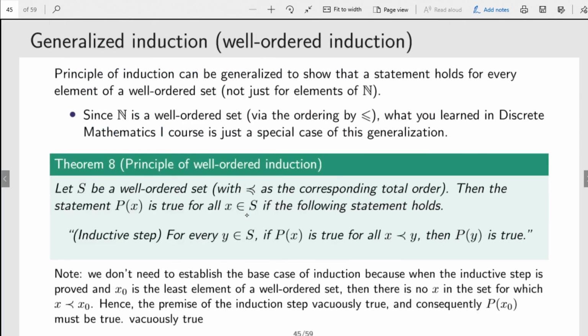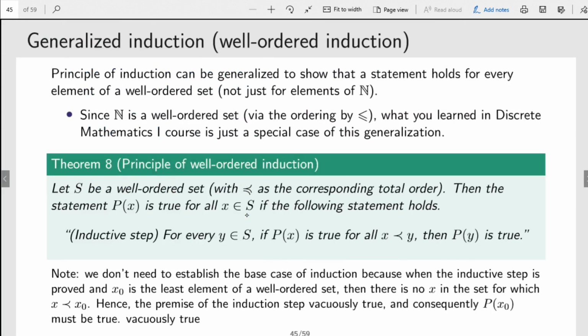So in fact, you could have a generalized induction where the statement holds for every element of a well-ordered set, so not just for elements of N, right? And the standard principle of induction that you learn in the discrete mathematics 1 course is just a special case of this generalization.